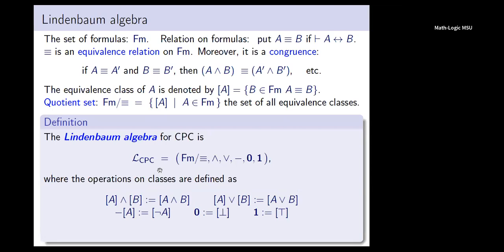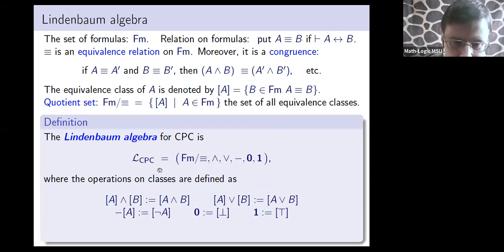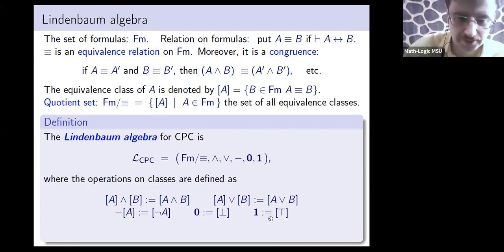And similarly for disjunction, for negation, for the complement. So complement of A is the class of the formula not A. 0 is the following class. Take the formula bottom, the formula false, and take its class. And similarly for the formula true and the element 1.